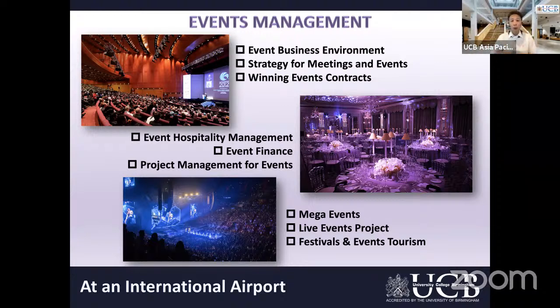So you want to move the event to Yokohama for that matter. Then what are the strategies that you need to put in place? How do you make sure that everything will go smoothly? So it's all about strategies for meetings and events.